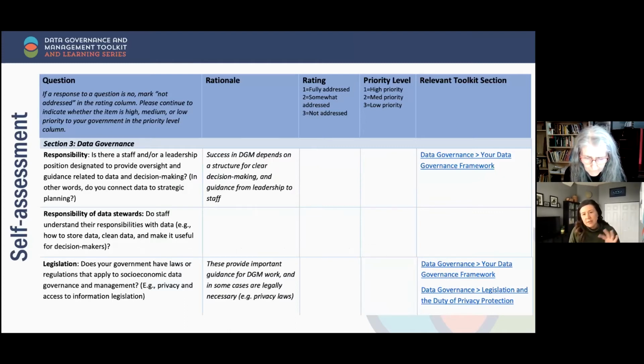There's a whole section in the self-assessment about data governance that asks whether you have a structure in place within your government. We're going to talk through today some of the key considerations and options for doing so. We're also going to talk about law and policy with data governance. Next slide.